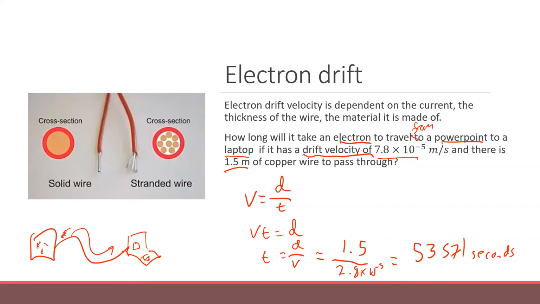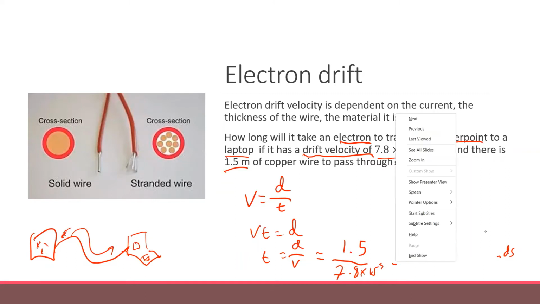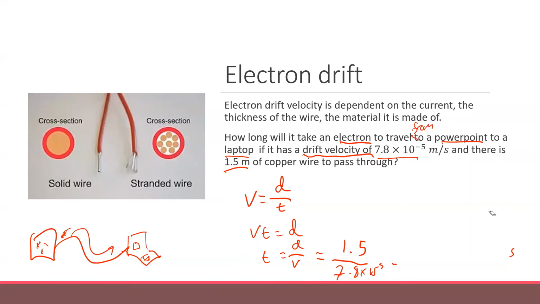If I actually take that and divide it by 60... So you used 2.8 instead of 7.8. Okay, 1.5 divided by 7.8 times 10 to the negative 5 is going to... I did 7. I'll get there.